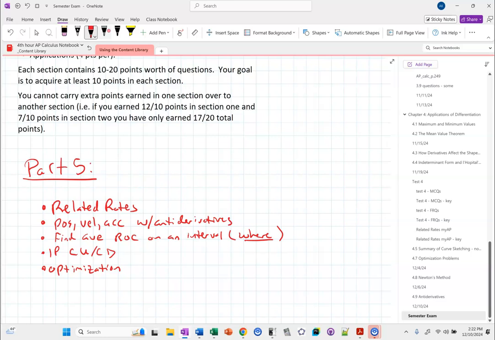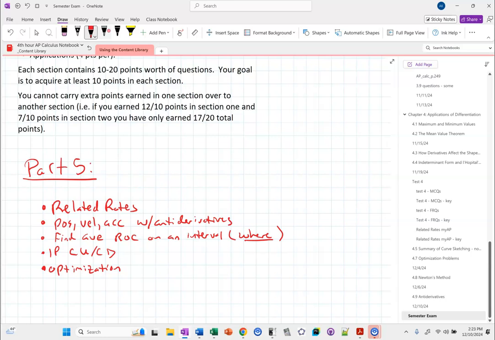So these are like the topics for the questions in part 5. So there's 5 different questions. That's 20 total points in section 5 to choose from. So you'll have a related rates question, a position, velocity, acceleration question using antiderivatives, finding the place on the function where the derivative takes the average rate of change, finding the location, the xy on the derivative where it takes on the average rate of change.